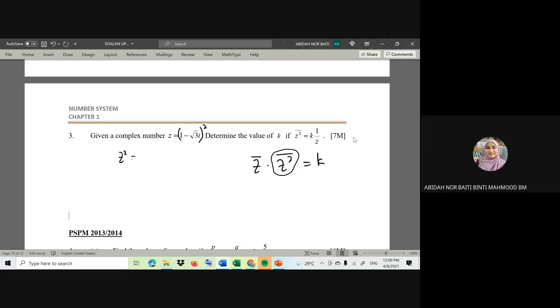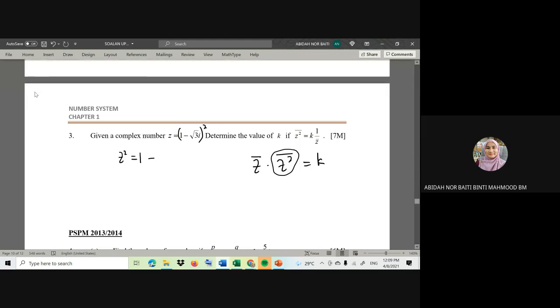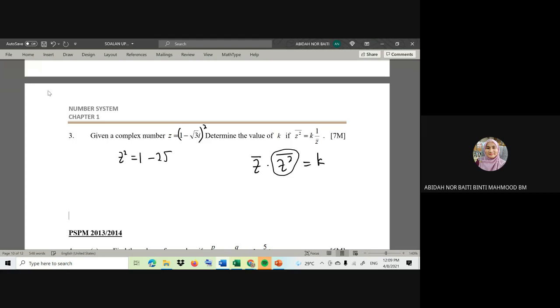Z squared equal to 1 minus 2 root 3i plus 3i squared, right? Kat mana boleh darab kan? Okay, and then i squared we substitute with negative 1.